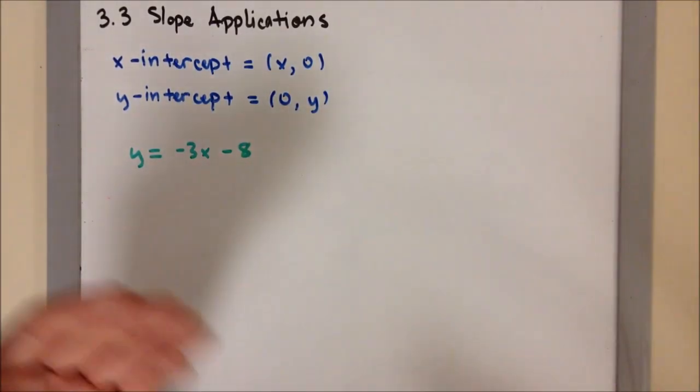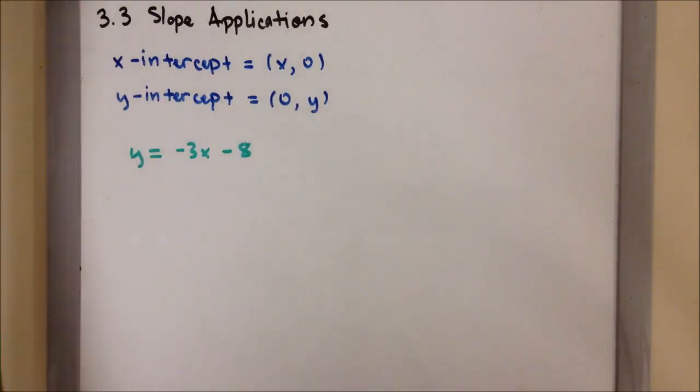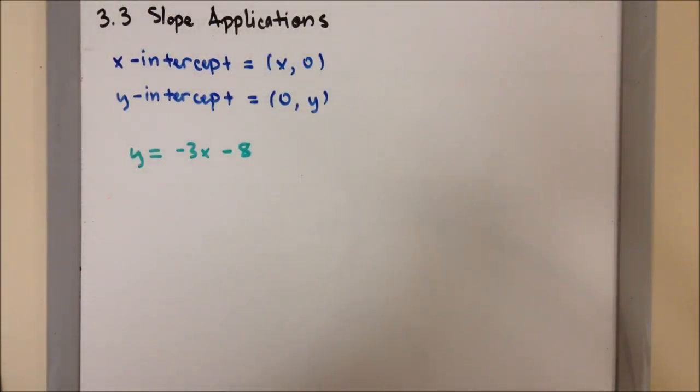In our first example, we have this equation in slope-intercept form. So if you're trying to get, doesn't matter which one you want to do first, x-intercept or y-intercept, the order should be the same for the work. So say that you're trying to find the x-intercept. So I'm going to be looking for the x-intercept.